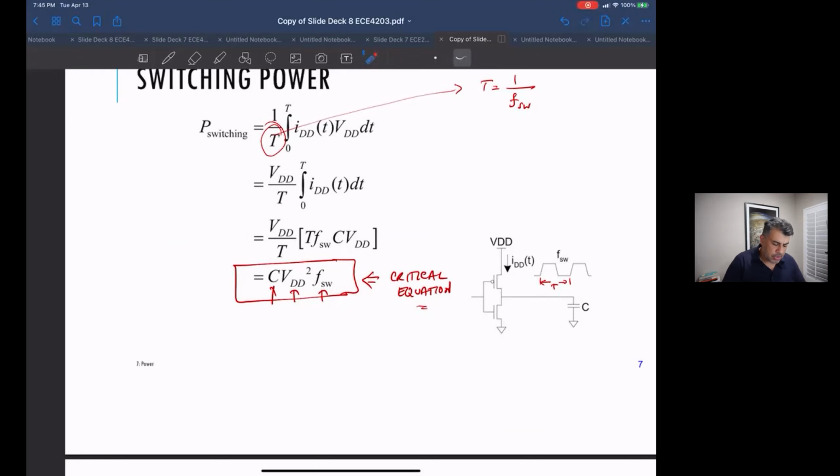So you need some further refinements of this, because not every circuit is running at the full clock rate, right? Let's say your chip is running at a gigahertz for the sake of discussion. If you multiply every capacitor by your supply squared times a gigahertz, you're going to get a really big number.